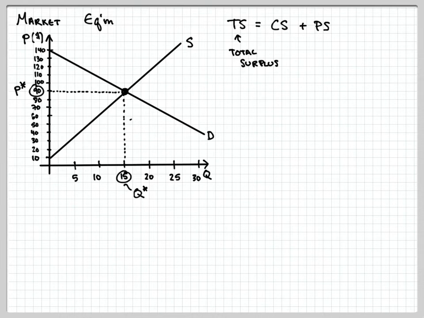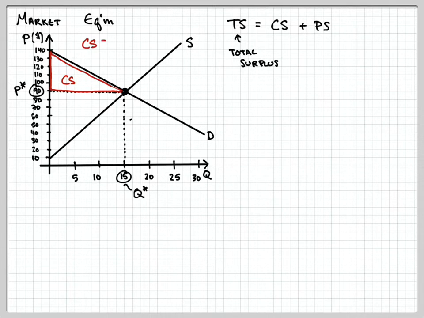So our consumer surplus is the area between the demand curve and the price, between 0 and 15, the quantity. So our consumer surplus is this red triangle here. And we actually know how large the consumer surplus has to be.